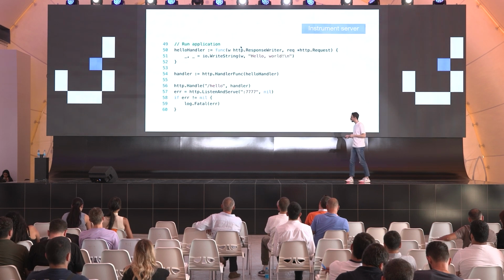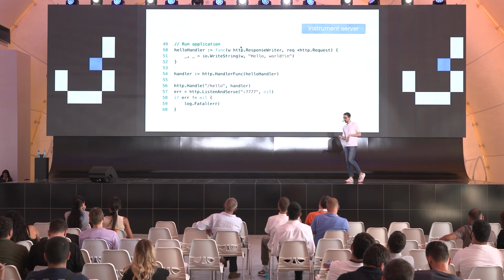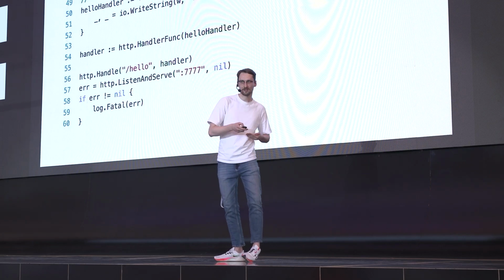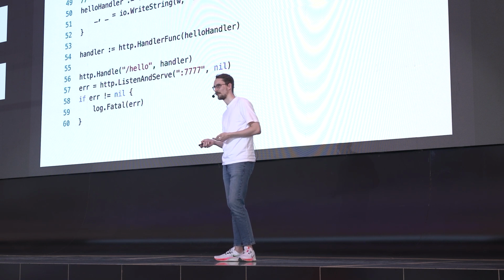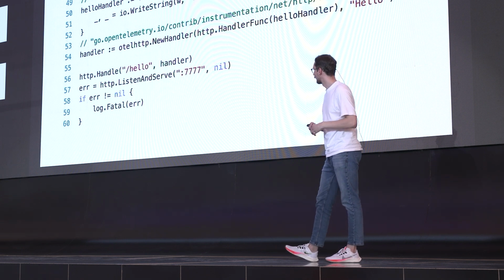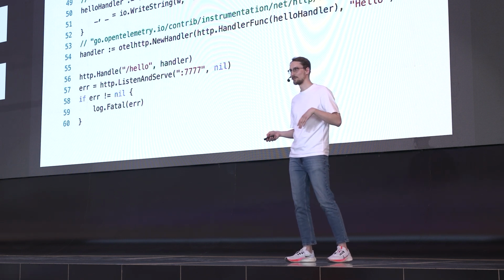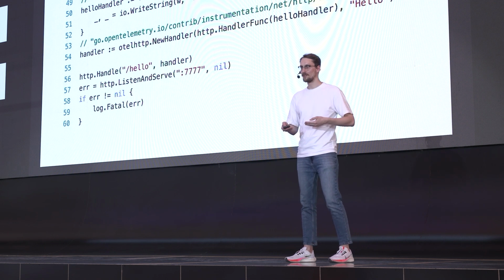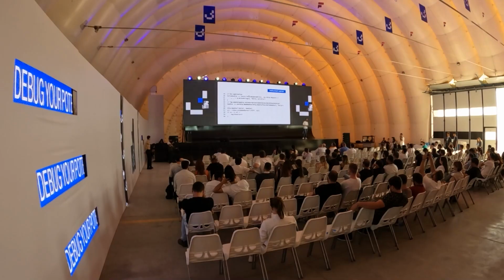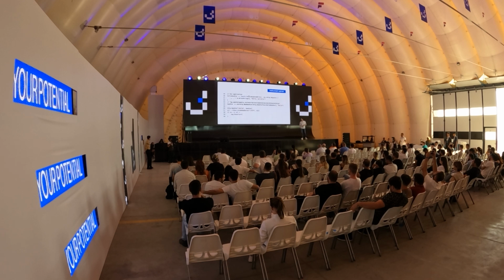So to create telemetry data, we will just use the instrumented equivalent of the standard library. All we need to do is to wrap the original handler with the handler provided by the OpenTelemetry library. And, well, basically that's it. You have your instrumentation for your HTTP server, about 20 lines of code. Pretty easy, isn't it?